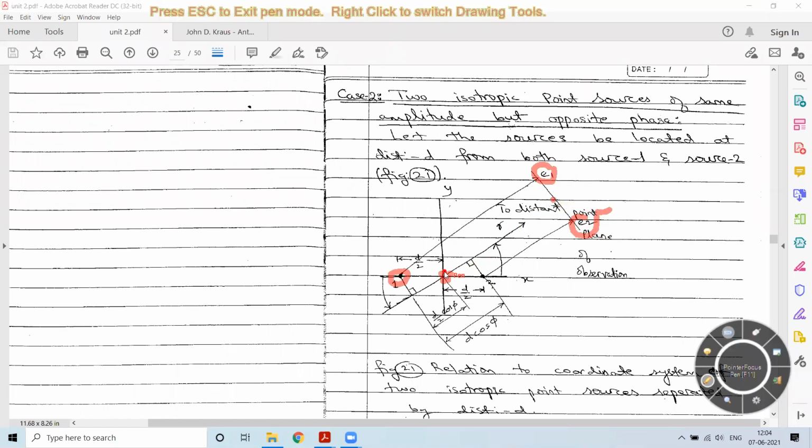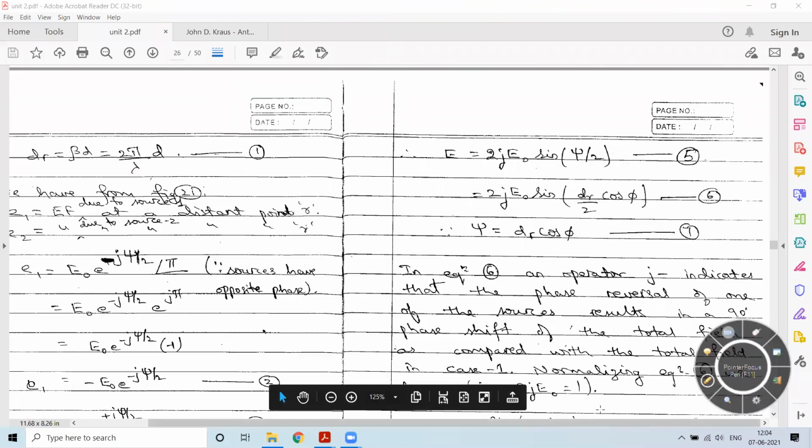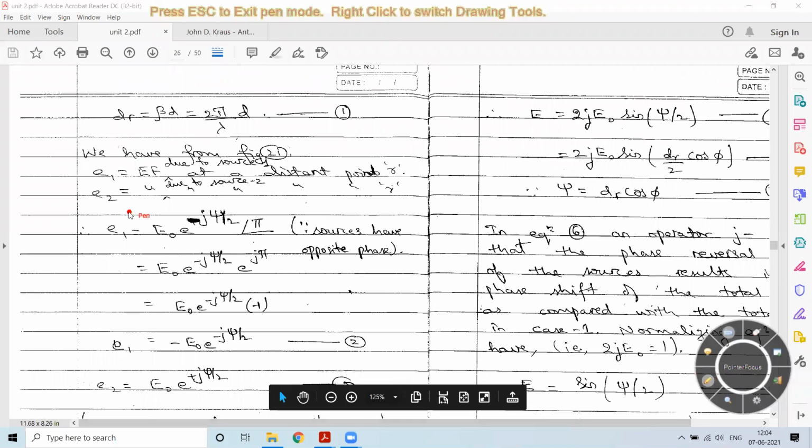If I'm considering the midway between these two, that condition remains the same. So E1 is given as E naught into e raised to minus j psi by 2, and E2 as E naught into e raised to plus j psi by 2.